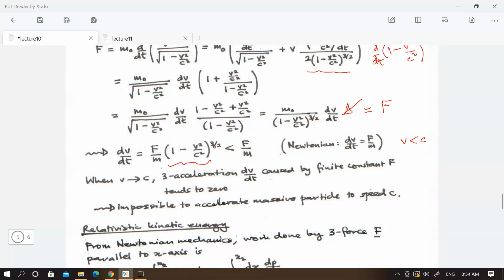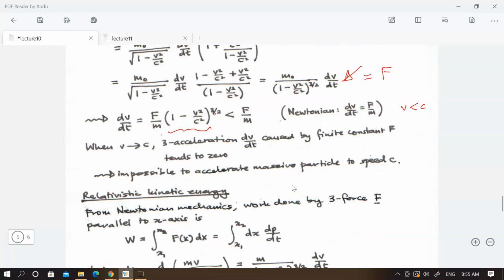So when it reaches this particular limit, you cannot really accelerate it anymore, despite the fact that your force is non-zero. This term is going to go to 0 faster. The implication is that you cannot accelerate a massive particle to the speed c.